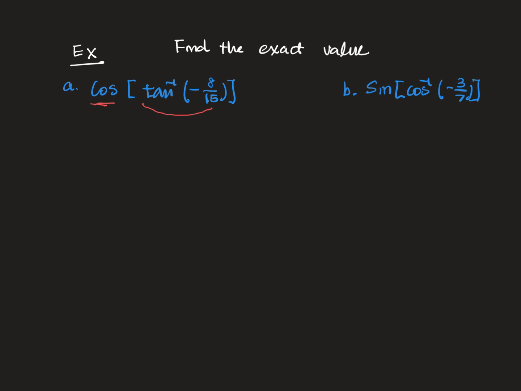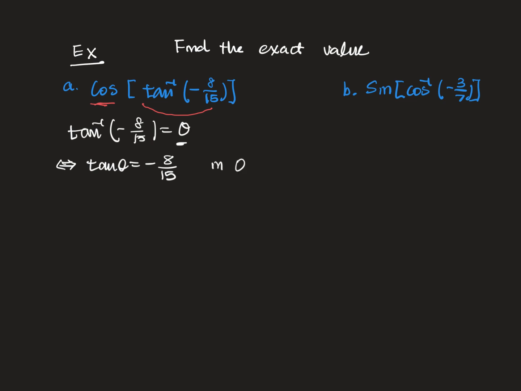When you see inverse, the first step is you put arctangent of negative 8 over 15 equals theta. That's the first step. We are talking about angle. Arc means angle, so the definition is tangent theta is negative 8 over 15.